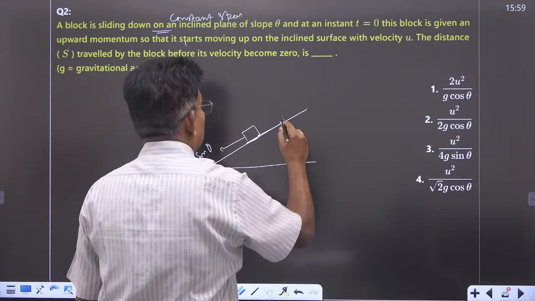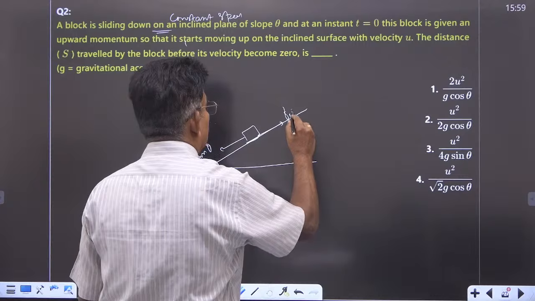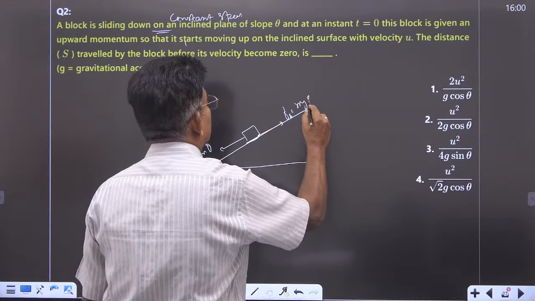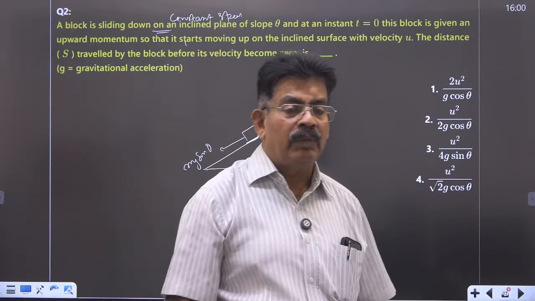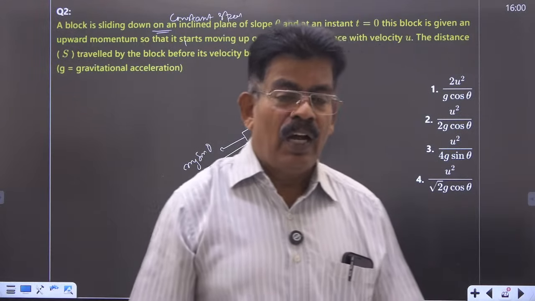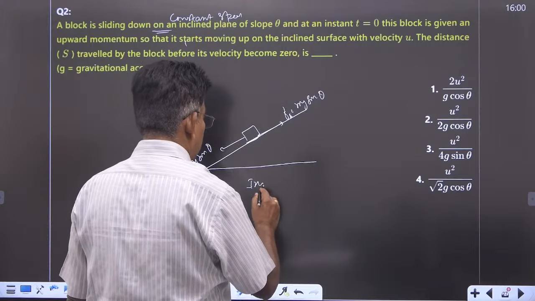And there is an equal frictional force. Frictional force is given to be mg sine theta. That is the initial moment.